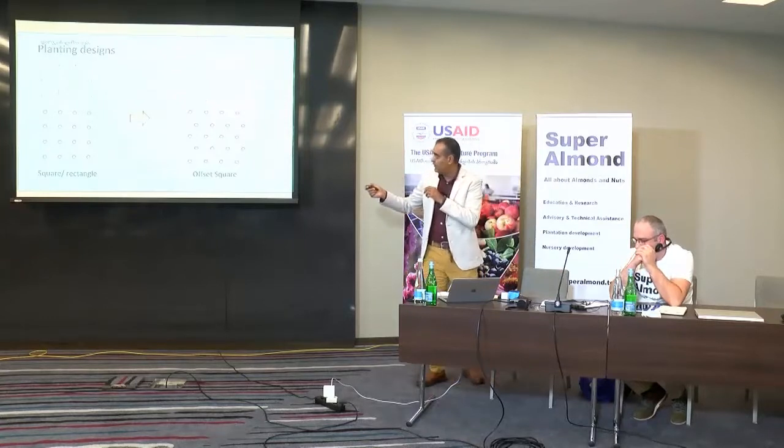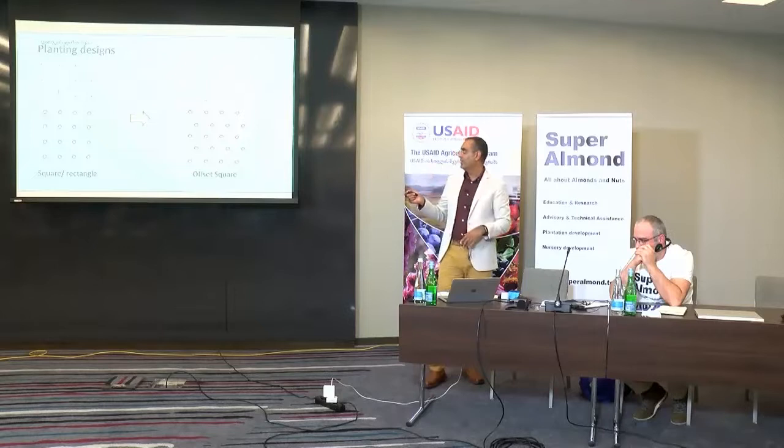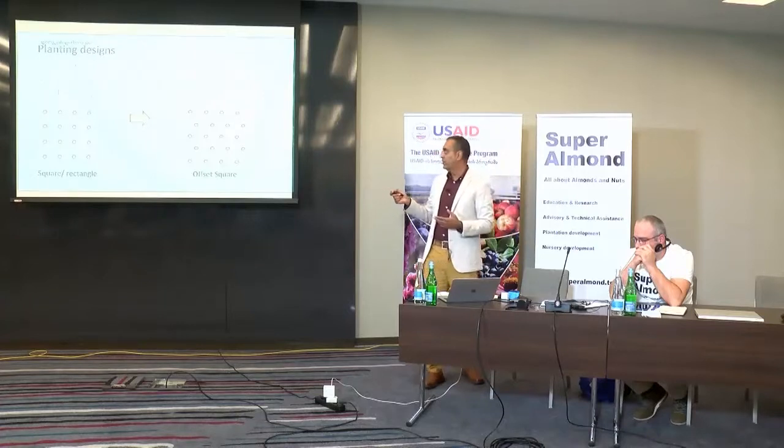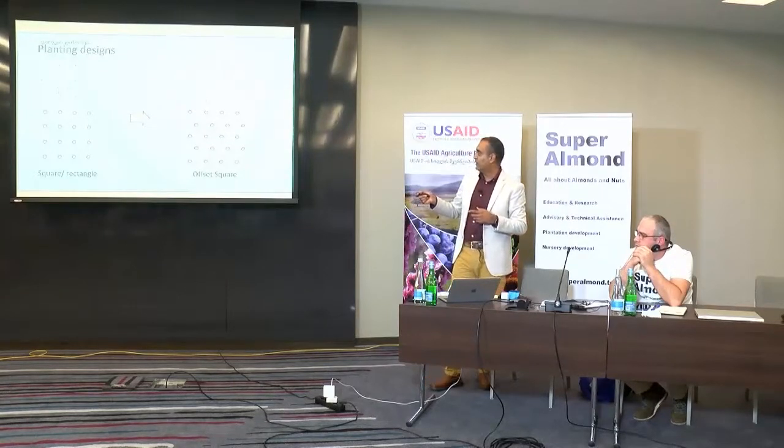These are rows from the way we look at it. This is sideways, but in a north-south planting, these rows will be north-south. Okay, so I always think that north is up. Right? So this is north, this is south. So your rows are aligned north-south.